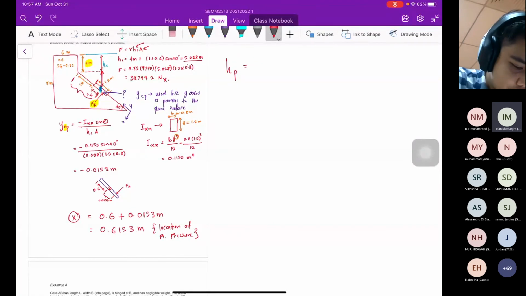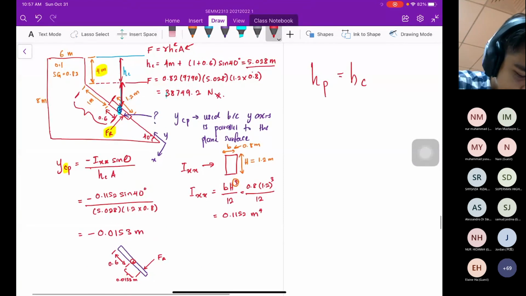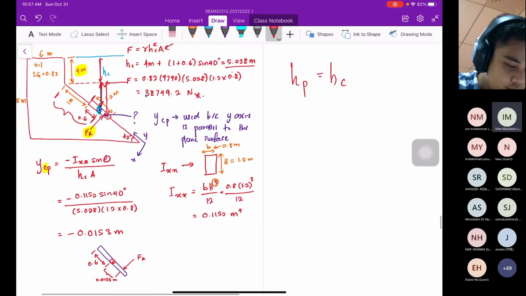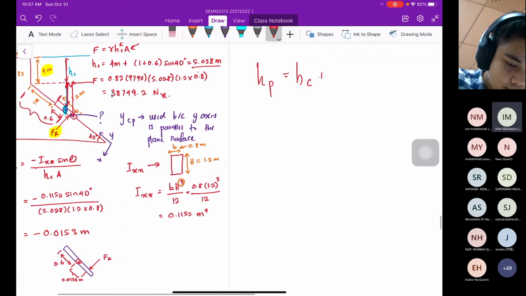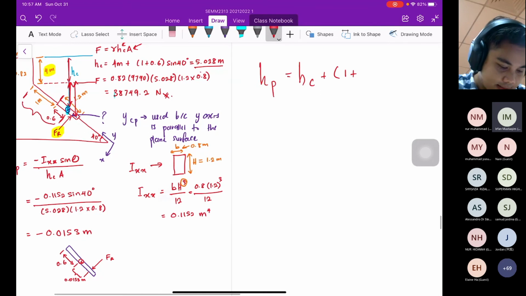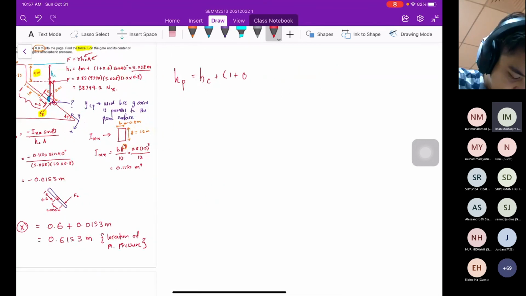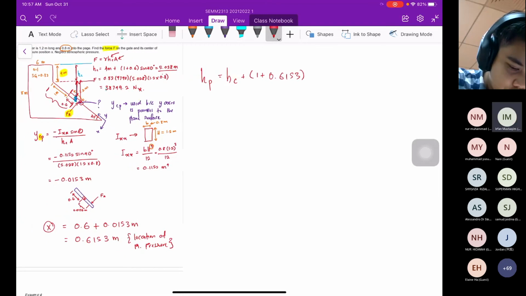How to get HP, which is HC plus this one. So it is plus 1 plus 0.6153, and then you multiply with sine 40, and then you will get the final answer.